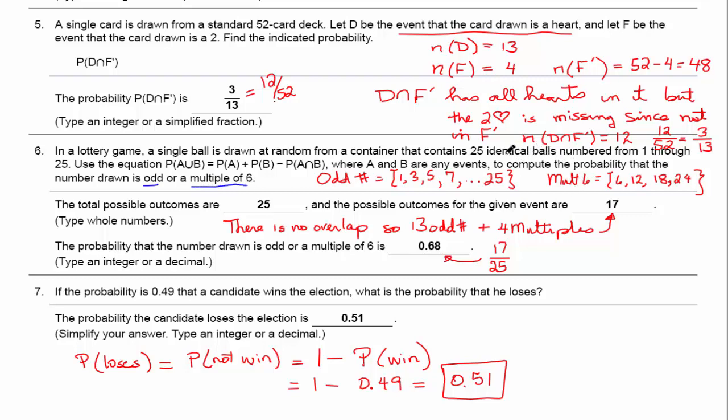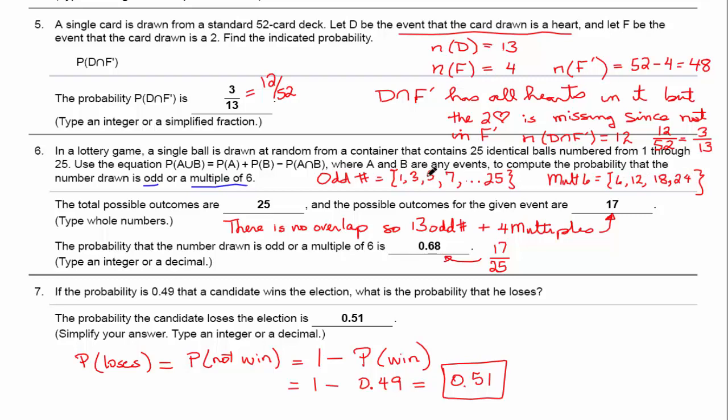What are these outcomes? The odd numbers are going to be 1, 3, 5, 7, 9, 11, all the way to 25, or a multiple of 6. So 6 times 1 is 6, 6 times 2 is 12, 6 times 3 is 18, and 6 times 4 is 24.